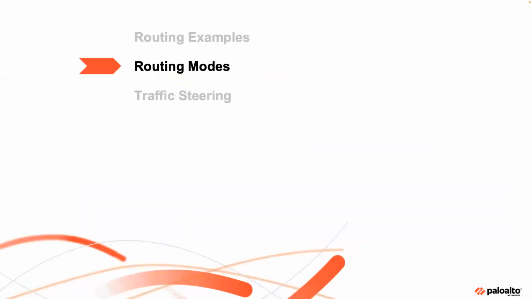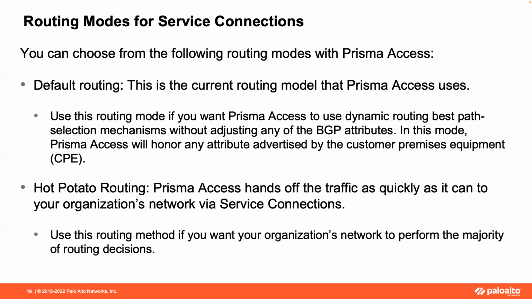All right, so let's talk about different routing modes. So first of all, what do we do by default? Well, by default, we use our Prisma Access routing infrastructure using our eBGP to get you from point A to point B, from this node to that node as fast as possible with built-in redundancy.